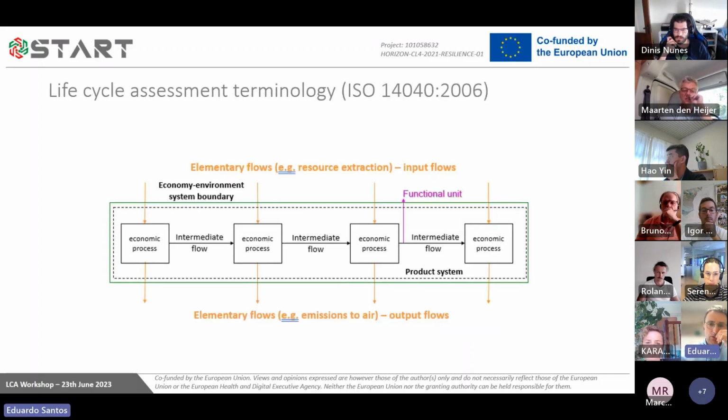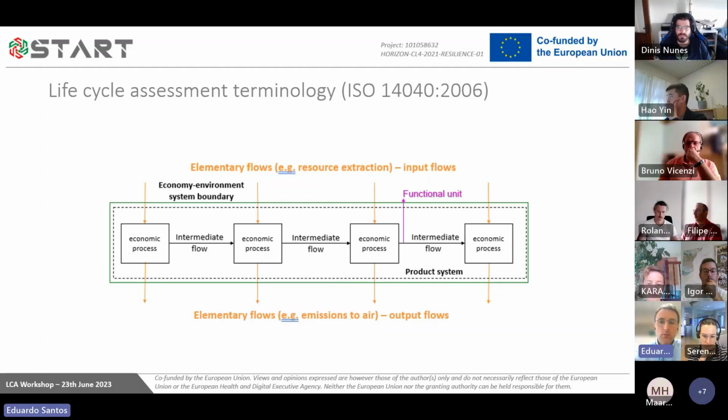Some of its terminology is important to take into consideration. Of course, we have economic systems which have processes, and those processes can exchange flows. Those flows can be matter, energy, or heat. What we are measuring when doing a life cycle assessment is the exchanges between the product system and the environmental system.